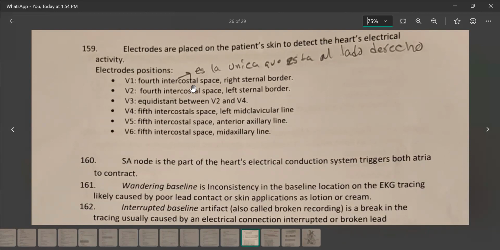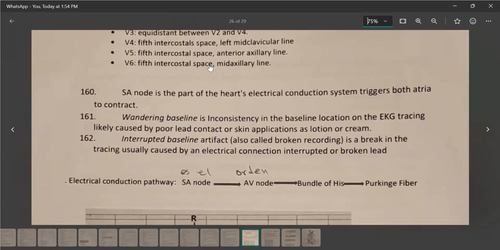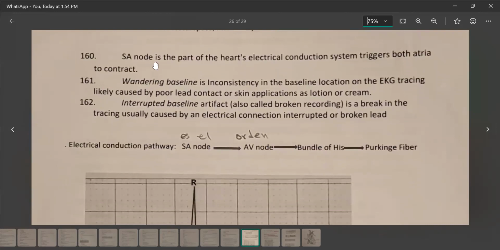V4, 5th intercostal space, left mid-clavicular line. V5, 5th intercostal space, anterior axillary line. V6, 5th intercostal space, mid-axillary line. The SA node is part of the heart's electrical conduction system and triggers both atria to contract.